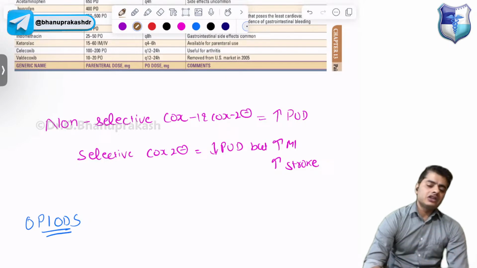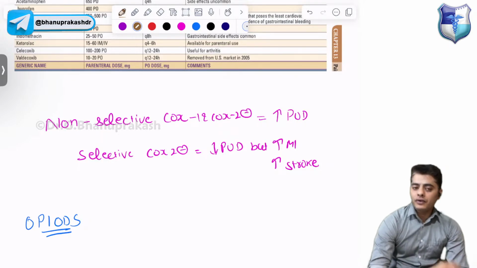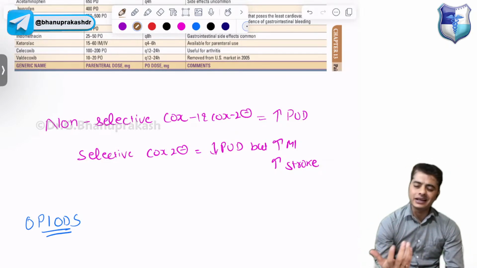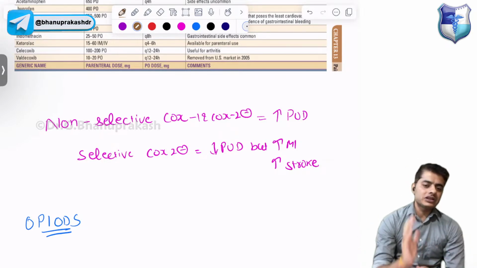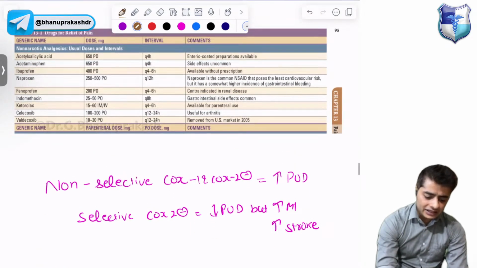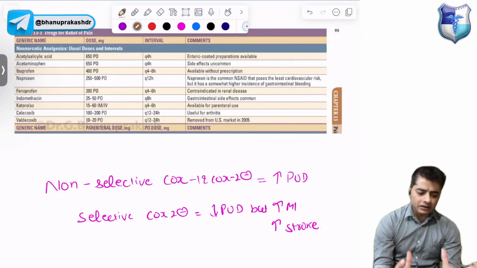Selective ones decrease the chance of peptic ulcer disease, but they increase the chance of MI and stroke. So whenever you're prescribing NSAIDs, if the patient has any history of CAD or MI, don't prescribe, because selective COX inhibitors increase the risk for MI and stroke. And what are selective inhibitors? They are the coxibs. We generally use them in arthritis.